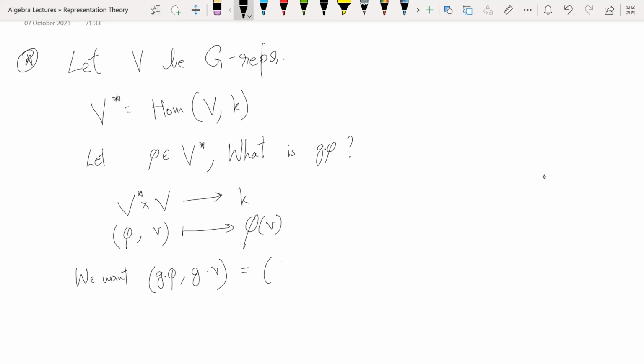So this should be the same as phi evaluated at V. That is what we are trying to say: G phi evaluated at G dot V should be the same as phi evaluated at V. Then we will have to check what is the right definition.